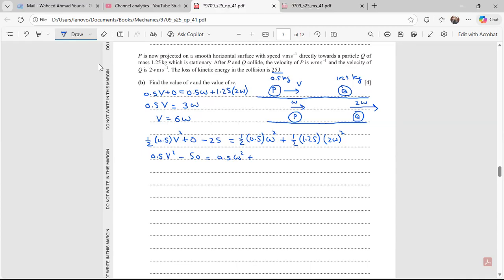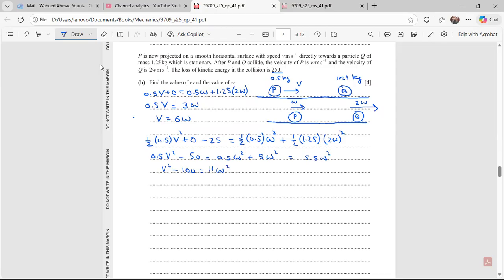So this is 5 W square. Now let's get rid of this 0.5 as well. So I multiply everything by 2. So this will become V square minus 100 equals 5.5 W square, and when I multiply by 2, it will become 11 W square.